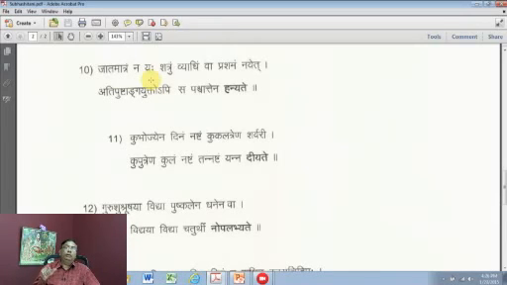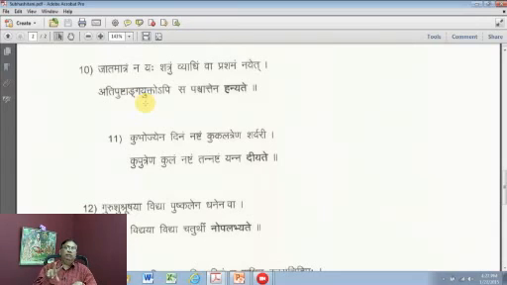If he cannot put an end to either an enemy or a disease the moment they are born, what happens? Ati pushtanga yuktopi. Ati means atyantam, pushtanga pina shariropi. Pushtanga, though he is very well built, though he has a very good well built body, however strong he may be, ati pushtanga sharirena yuktopi.